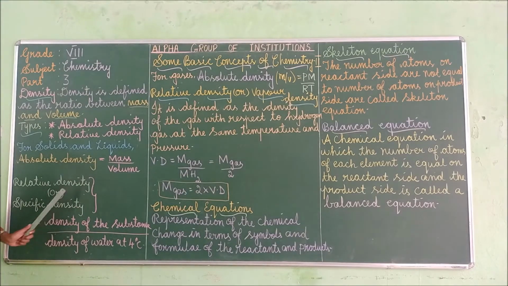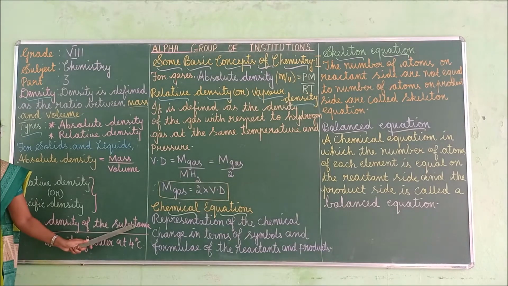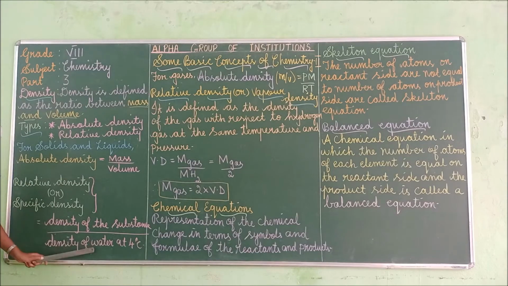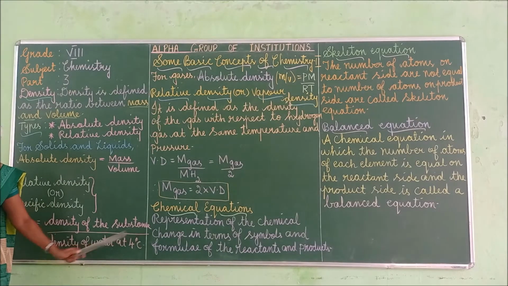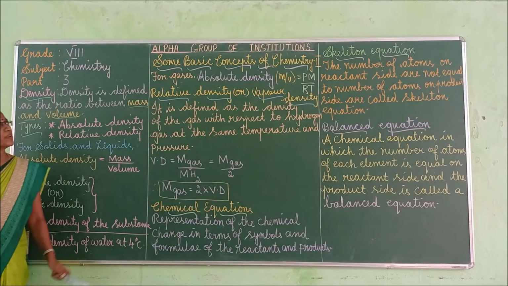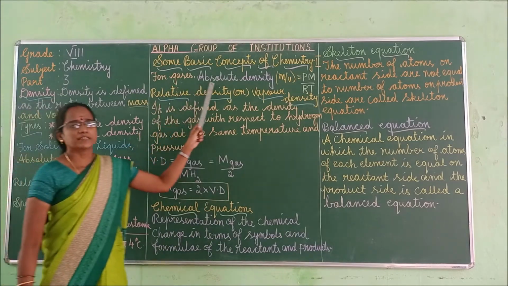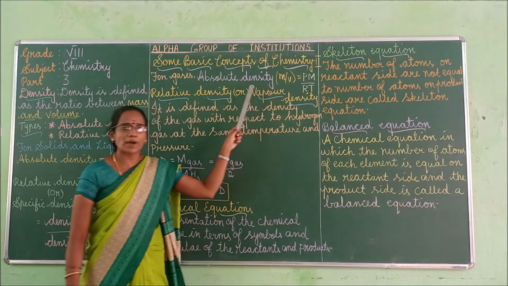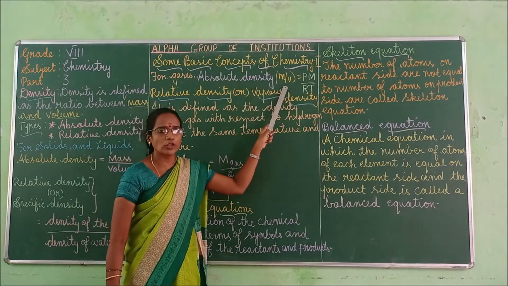Whereas relative density or vapor density, the formula is density of the substance with that of water divided by density of water at 4 degrees Celsius. For gases, the absolute density is M by V. M represents mass whereas V is volume.